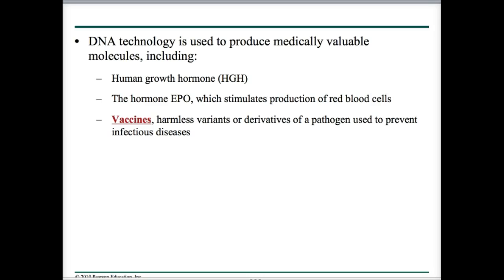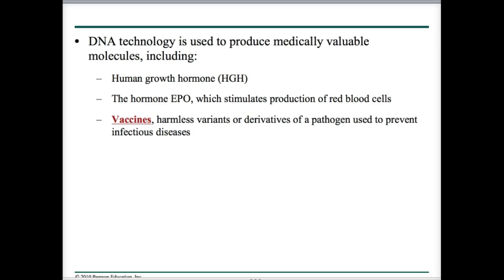It can be used for the hormone EPO, which stimulates more red blood cell production. What's interesting about those two is both HGH and EPO are used artificially as a form of steroid in sports enhancement or physical activity enhancement. We'll talk more about that later.